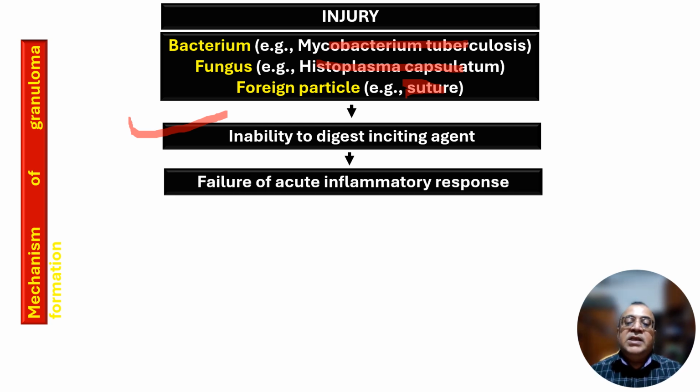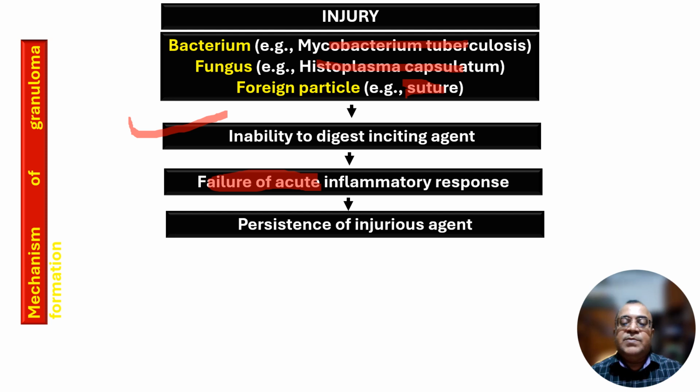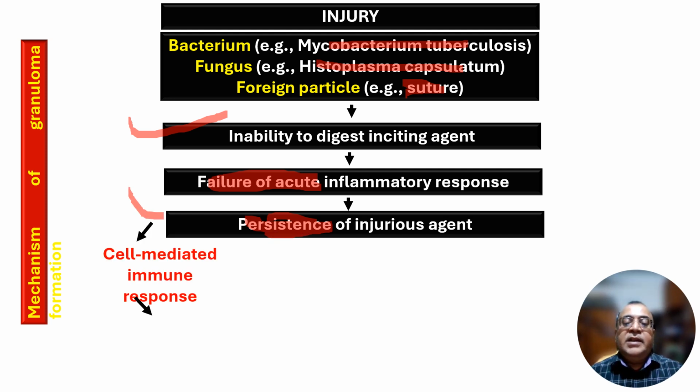So the acute inflammatory response fails, and due to this failure there is persistence of the injurious agent within the body that continues the inflammatory process, which is now converted into a chronic one.